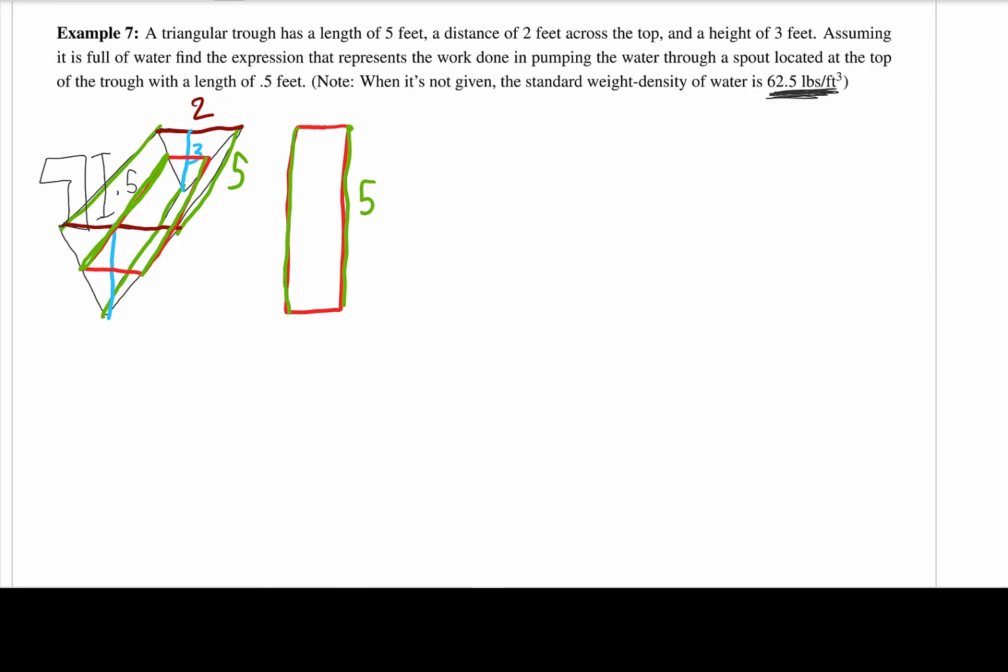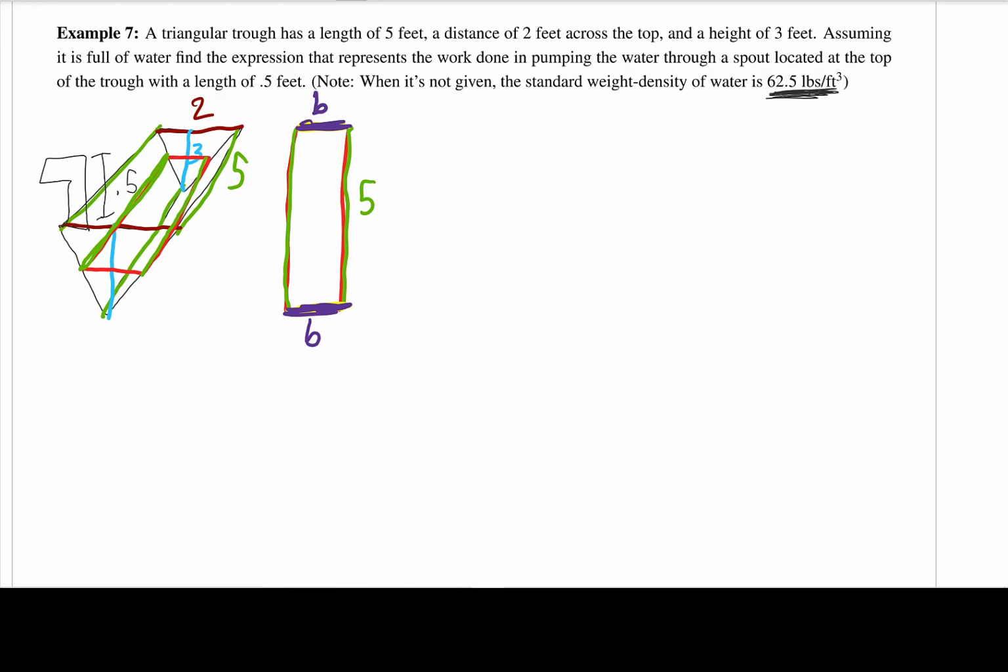What I don't know is the base. Let's use purple. I'm going to call this the base of this rectangle.